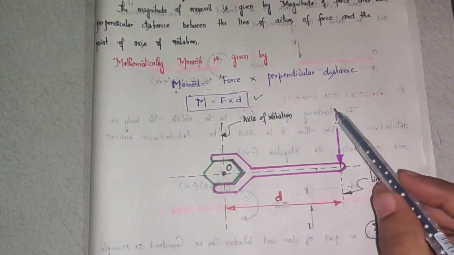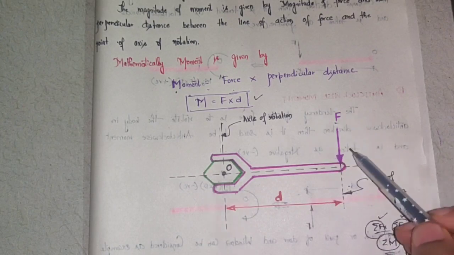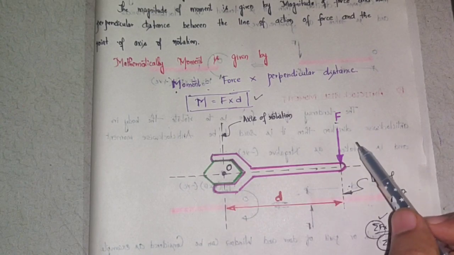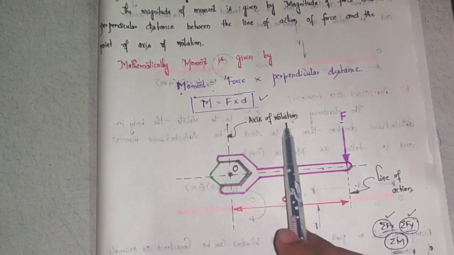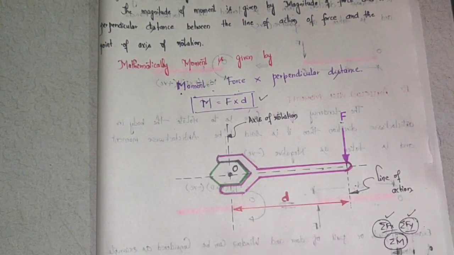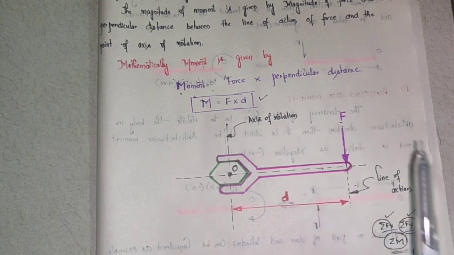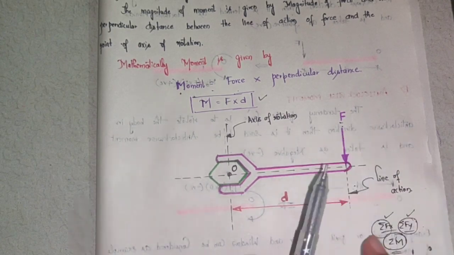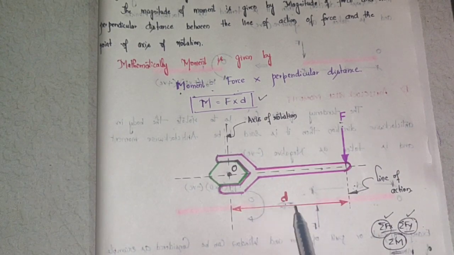Now what is the perpendicular distance between the axis of rotation and the line of action? For this force, the perpendicular distance is this d.